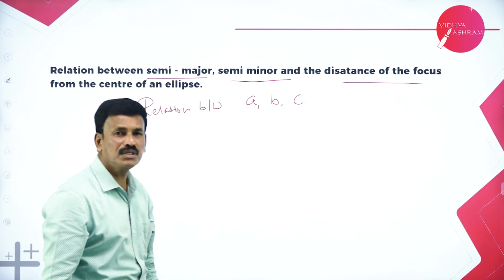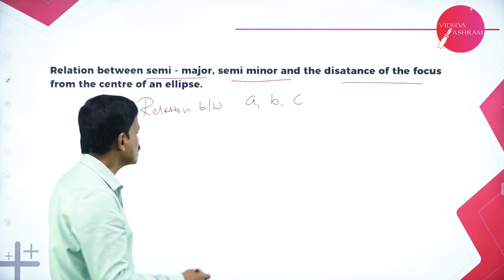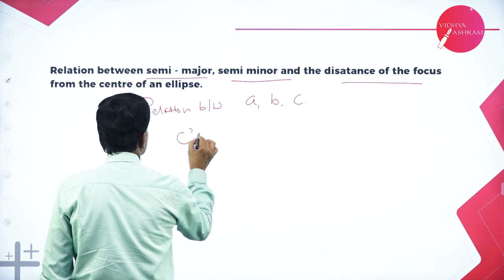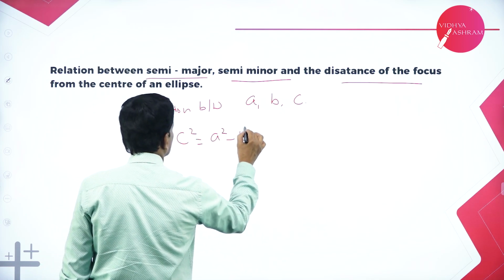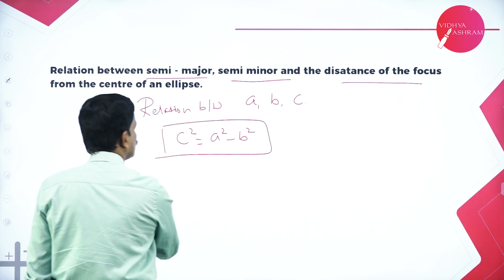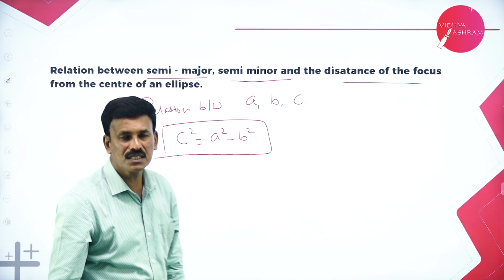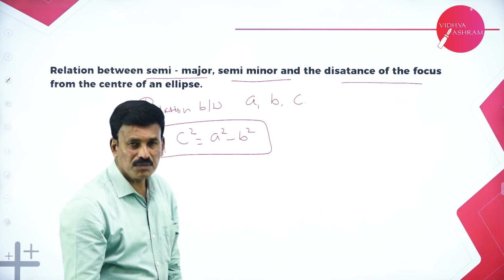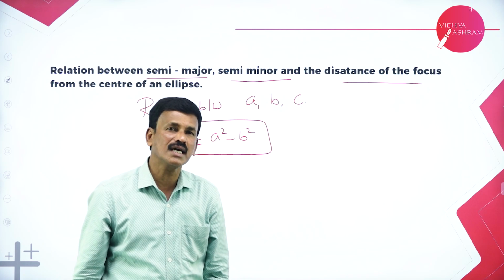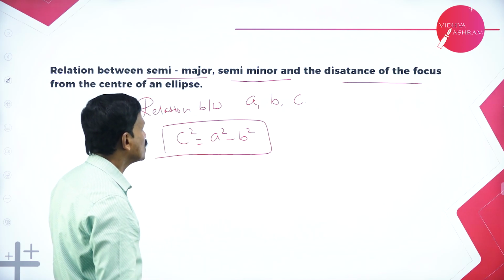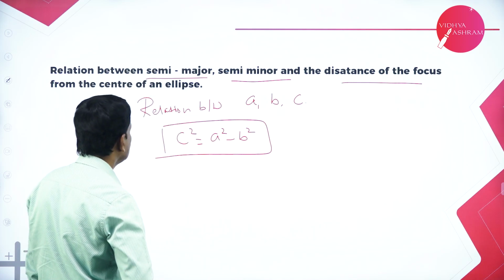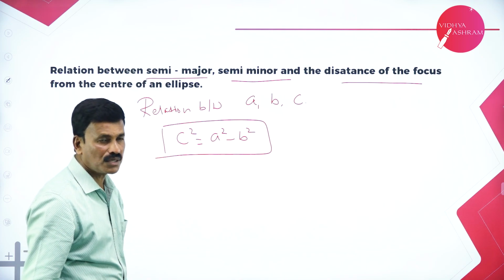The relation is c square is equal to a square minus b square. This is the relation between the semi-major axis, semi-minor axis and the distance of the focus of an ellipse.